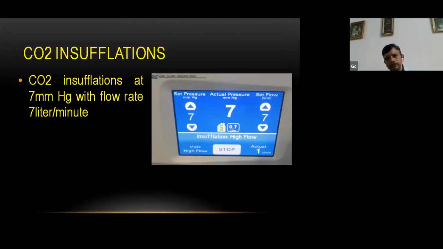Then CO2 insufflation. We have an insufflator, and keep the pressure on the lower side. 6 to 8 mm pressure is required. So either keep 6 or 7; you may go up to 8. It depends on the size of the flap.